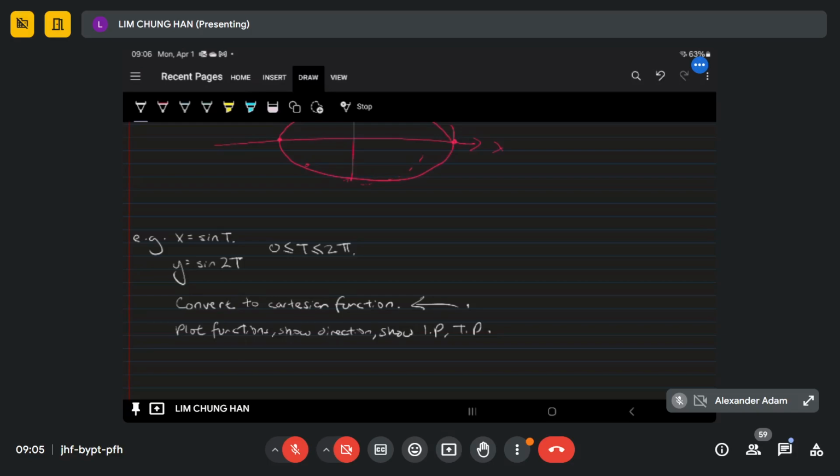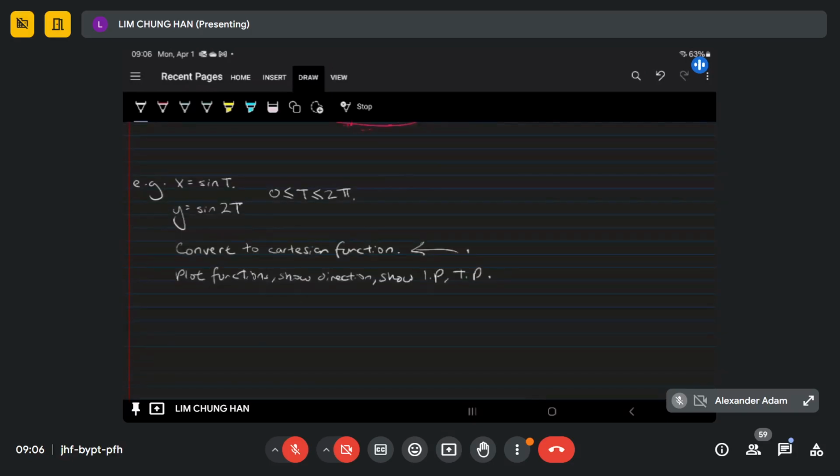So how are you going to convert x equals sine t, y equals sine 2t into a Cartesian function where there's no more t?